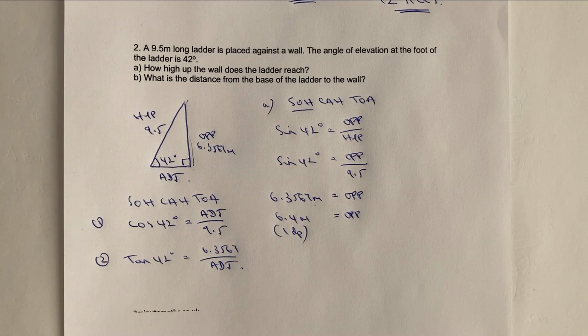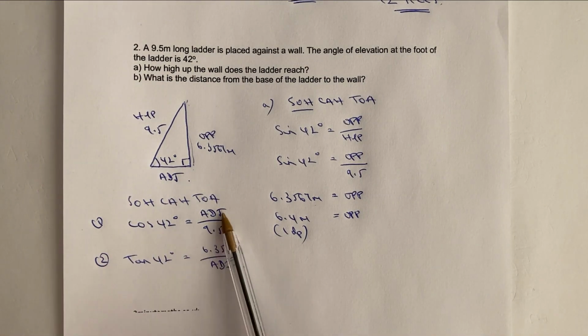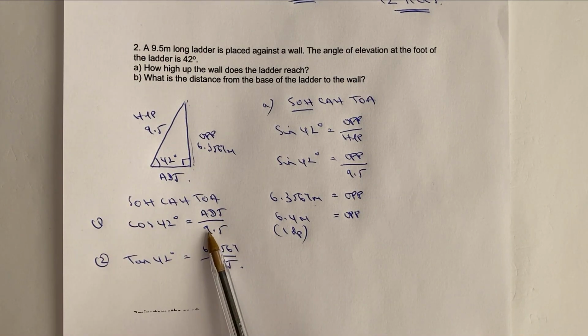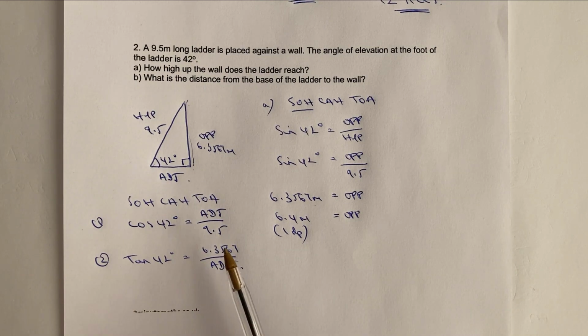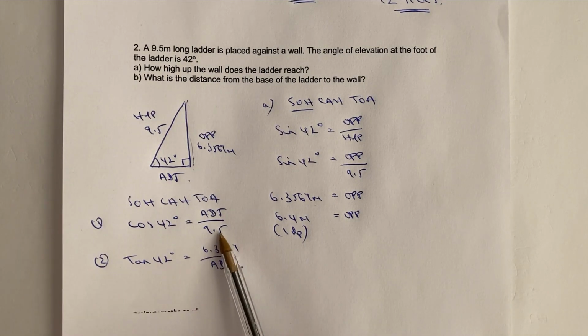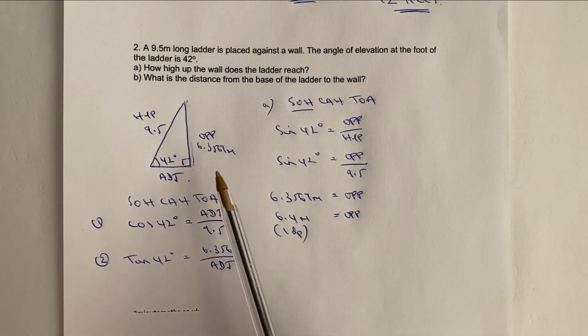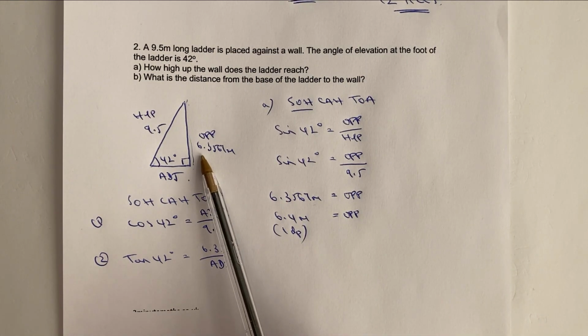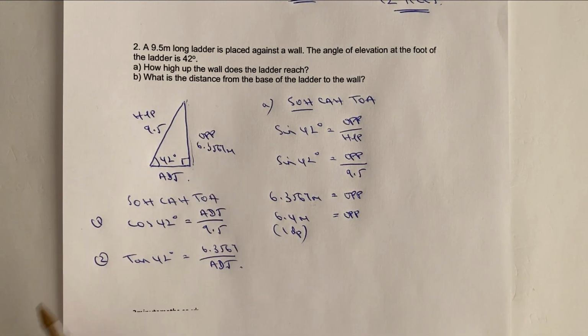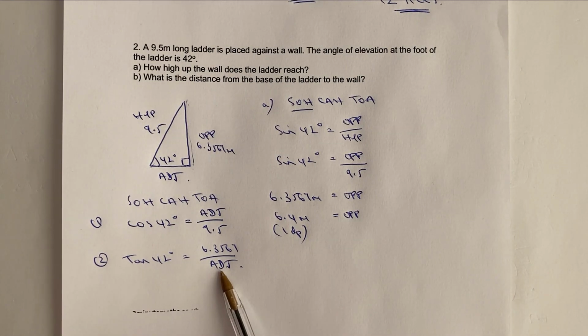My suggestion is that you use the first one. The reason I suggest you use the first one is twofold. Firstly, we know this is 9.5 for sure. So if you've made a mistake over here, then we can't rely on that without the examiner saying, yes, this is correct. Also, the other thing is that this is the bottom here.